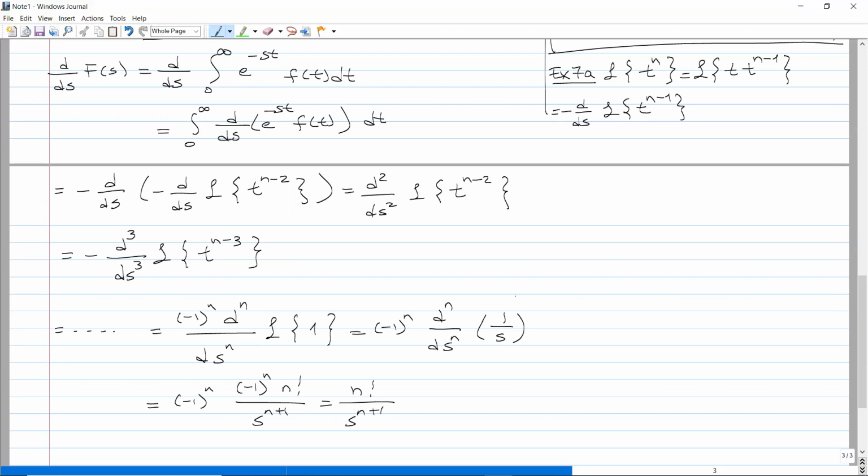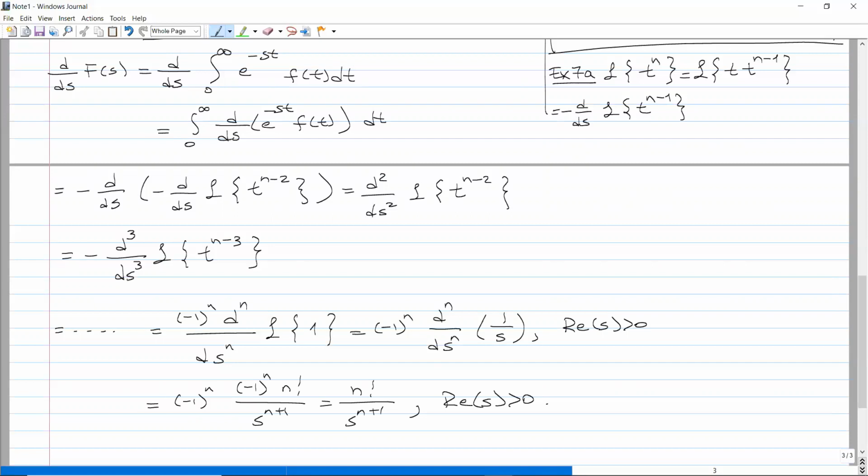And since the original one, the Laplace transform of 1, is equal to 1 over s for real part of s greater than 0, this final formula also works for real part of s greater than 0. So we get the same result now using this formula. Multiplication by t means taking the derivative with respect to s of the Laplace transform of the function.